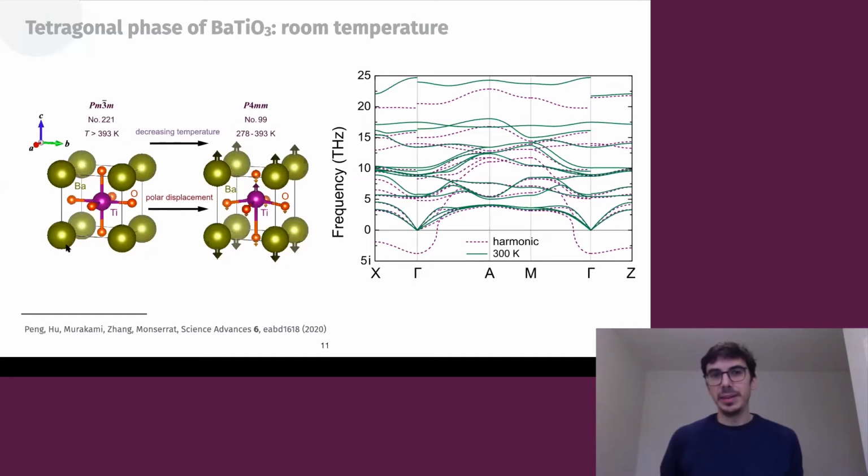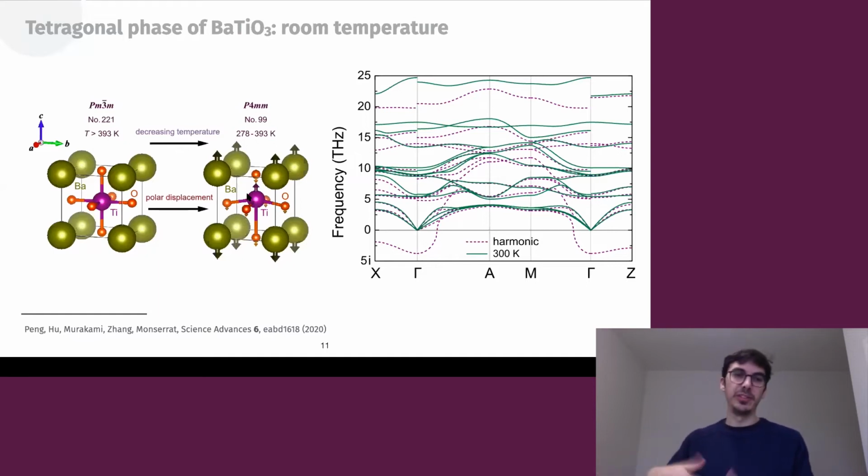Then as you lower temperature, it undergoes a number of structural phase transitions, the first of which is to a tetragonal structure, shown by the second crystal, where there is an off-centering of the titanium atom in the center. If we want to study the phonons of this type of material, the phonons typically at the harmonic level will have imaginary phonons, because they indicate that you have distortions in the system.